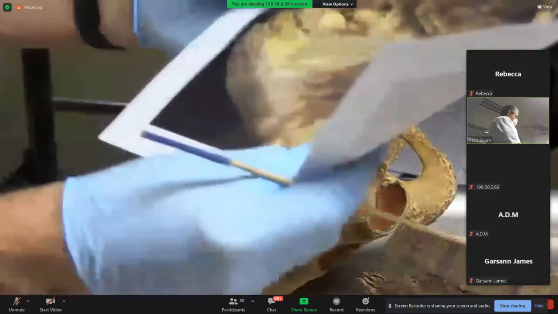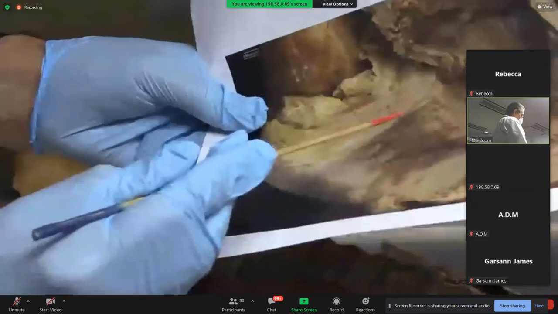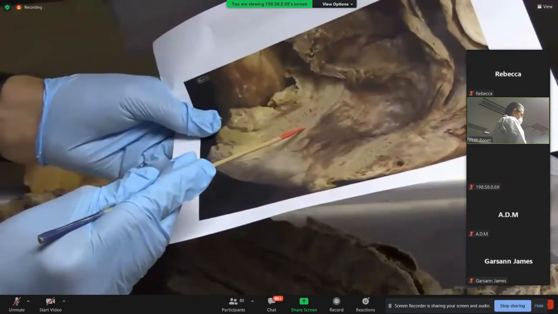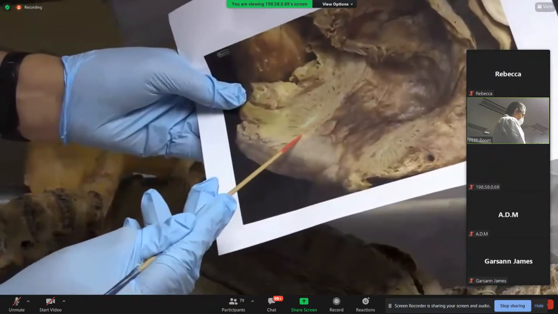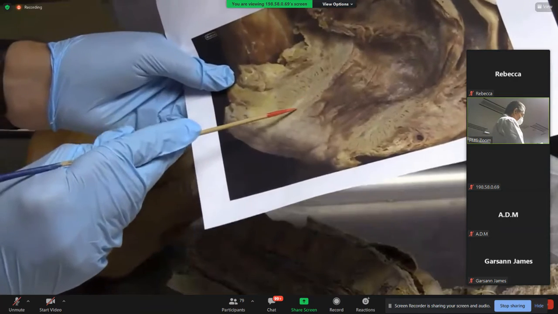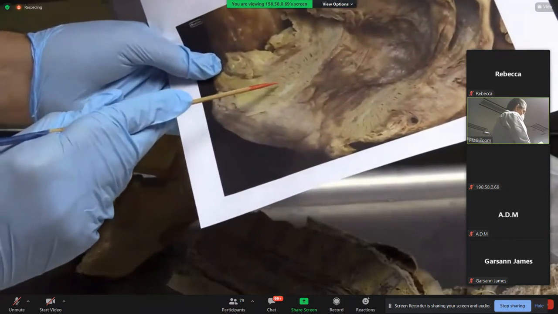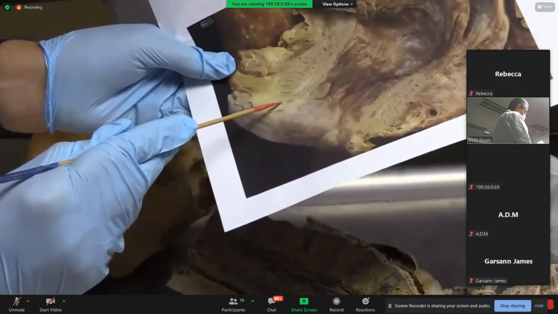Coming back now, we find that the circular muscle of the rectum, remember the rectum has longitudinal and circular muscle, is going to come down here now, and that's going to be the sphincter internus. The thing about the sphincter internus is that it doesn't go all the way down to the end of the sphincter externus.